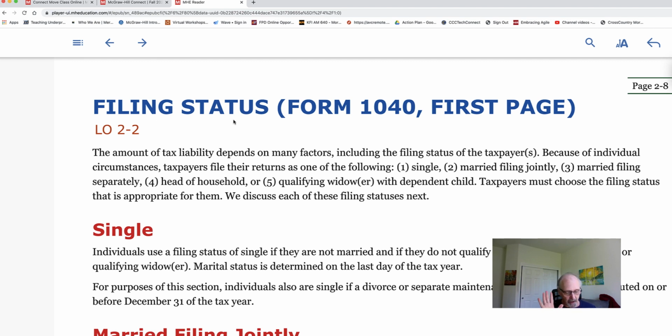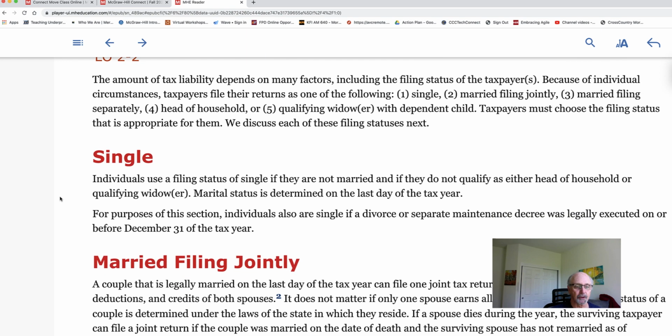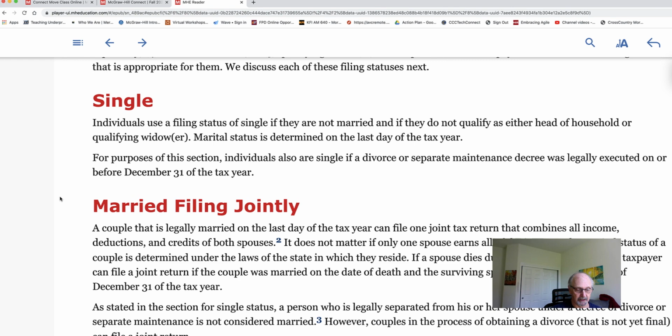Well, there are 5 statuses. Single. A single person, taxpayer is not married, does not qualify for head of household or qualifying widow status. Then there's married filing jointly. Taxpayer must be legally married as of the last day of the year.